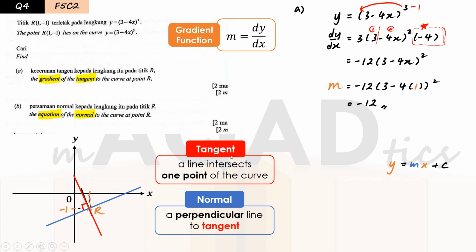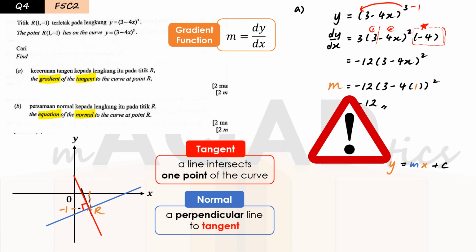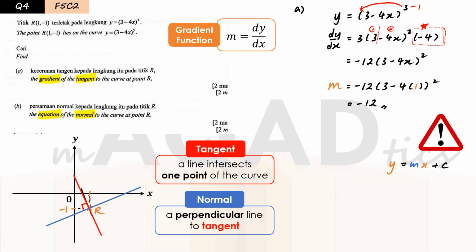We do know tangent and normal are perpendicular to each other. And we have also learned in Form 4 Chapter 7, the coordinate geometry chapter, if we multiply the gradients of perpendicular lines, it would be equal to -1.